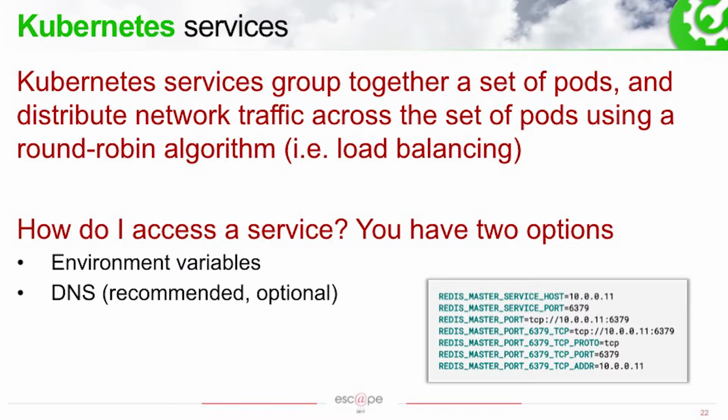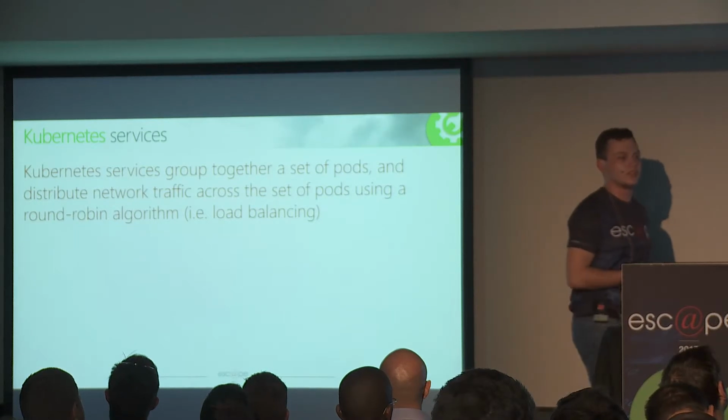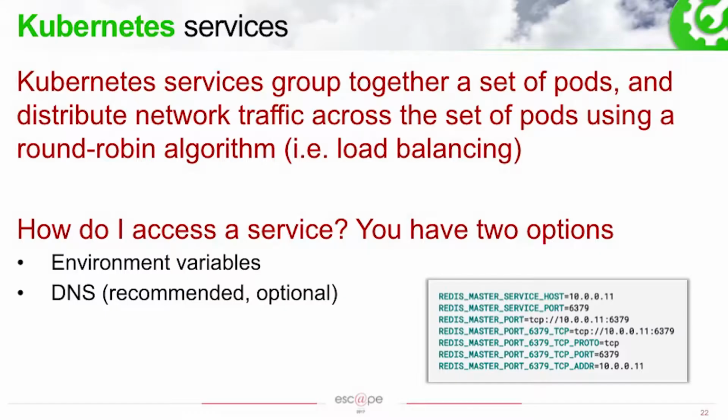You can think of a Kubernetes service as just a grouping of pods where network traffic that goes to these pods is distributed, normally in a type of round-robin fashion. It's typically how in kindergarten you're told one sweet for you, one sweet for you, one sweet for you. This is now just for network traffic. And another word for this is load balancing.